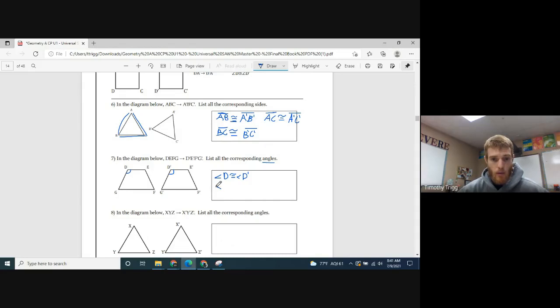Also, angle E will be congruent to angle E prime. Okay. Angle F will be congruent to angle F prime.